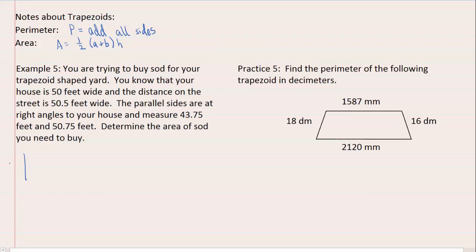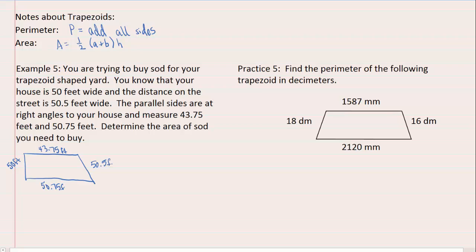We have a distance of 50 feet along our house that is at right angles with the two parallel sides. The two parallel sides are each 43.75 feet and 50.75 feet. And then the diagonal piece along the road is going to be 50.5 feet.